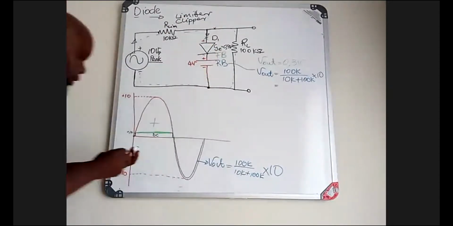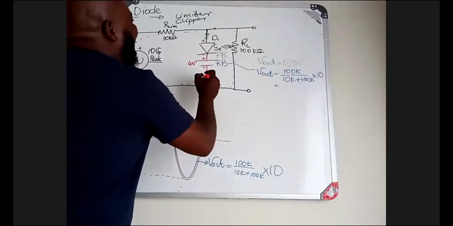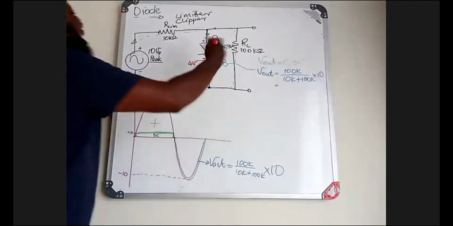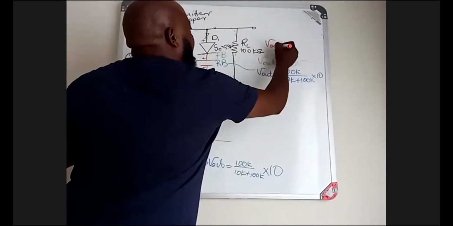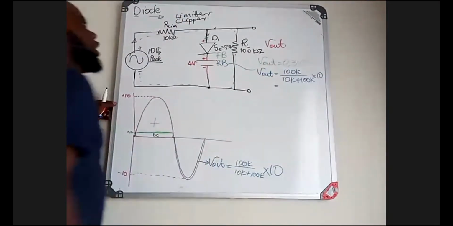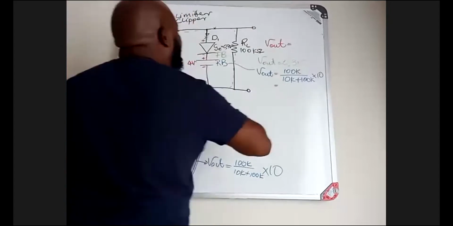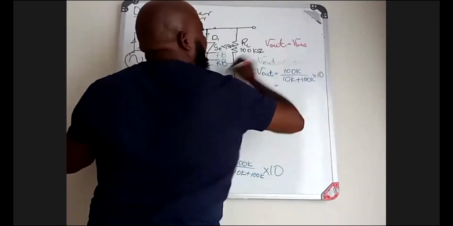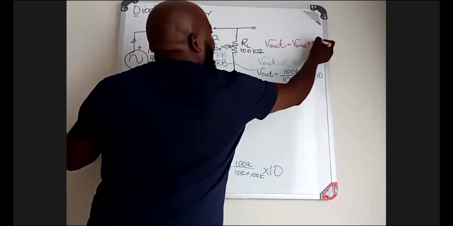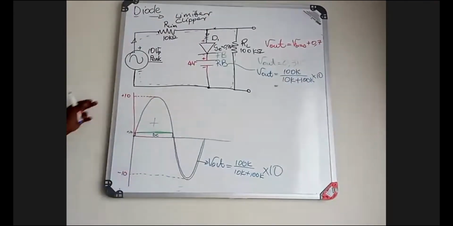Then the output that will exist when the bias is introduced, your V out, will be your V bias plus 0.7 volts.